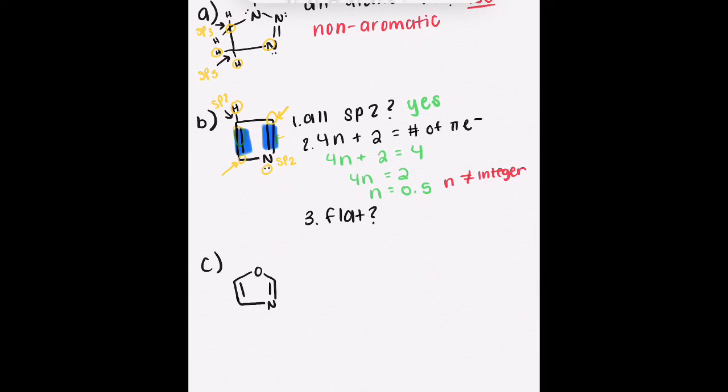Well, it is a 4-membered ring, so less than 6 members, yes. The ring is flat. So, since rules 1 and 3 are satisfied, but rule 2 is not, this molecule will be anti-aromatic.